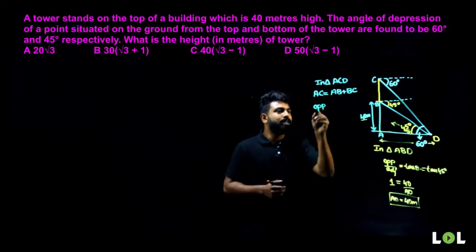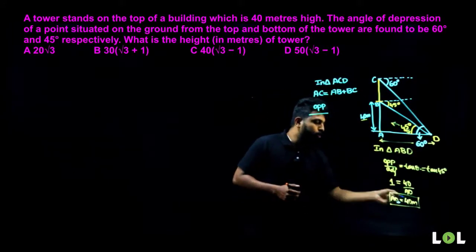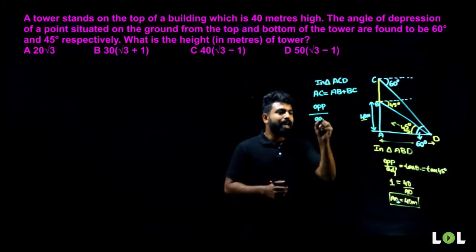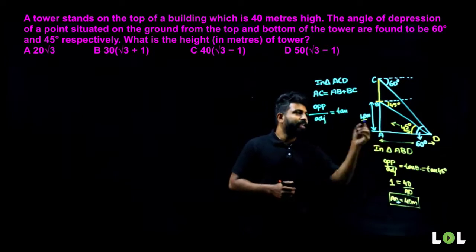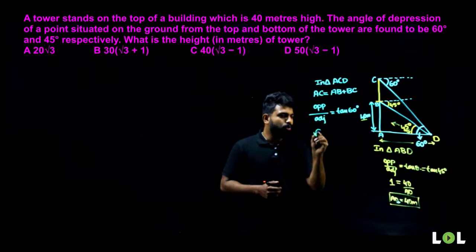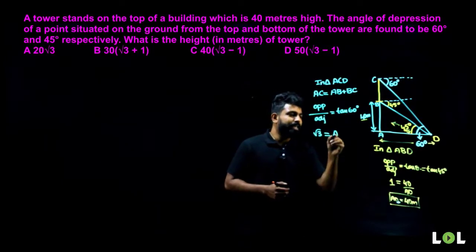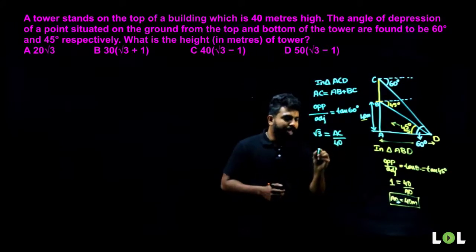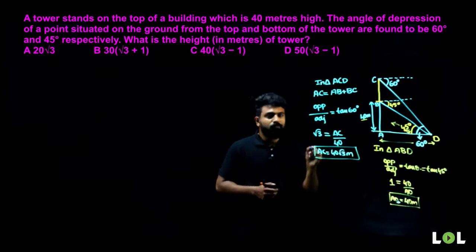So opposite side divided by, which is the other value that we know. We know the value of AD that we have found out to be 40 meters. So it is adjacent. What is opposite by adjacent? Tan theta. What is the value of theta here? Theta is 60 degrees. So what is tan 60? Tan 60 is root 3. And that will be equal to opposite, that is AC, divided by adjacent, that is 40. So what will be the value of AC? AC will be equal to 40 root 3 meters. So we know AC is 40 root 3 meters.